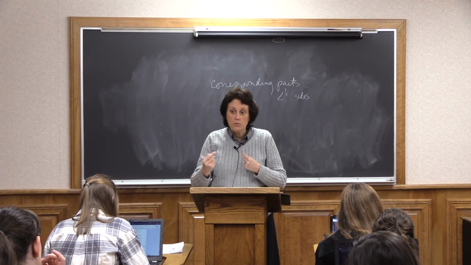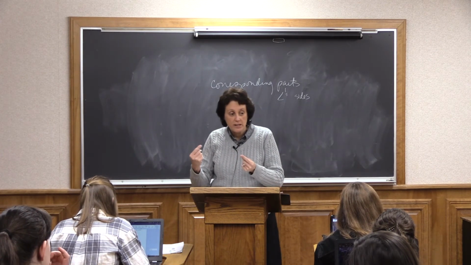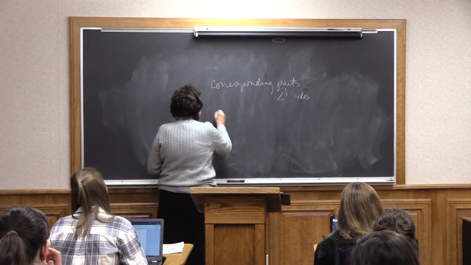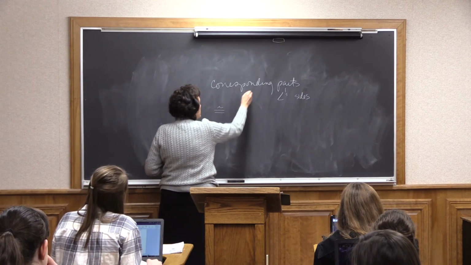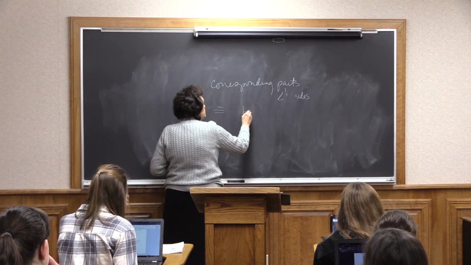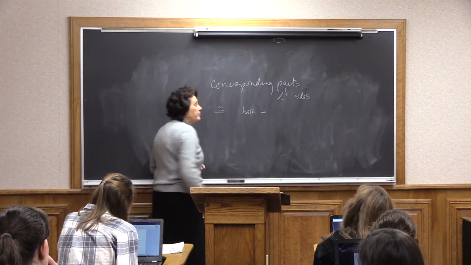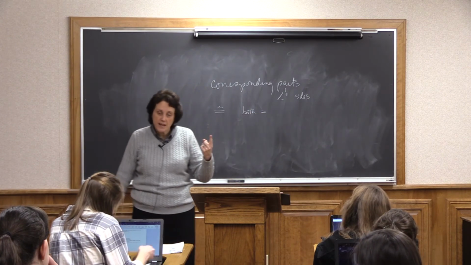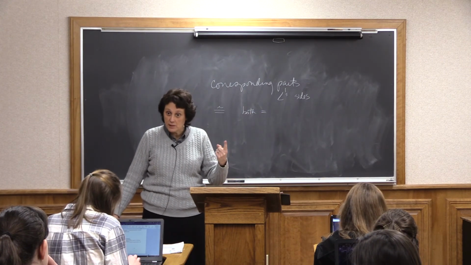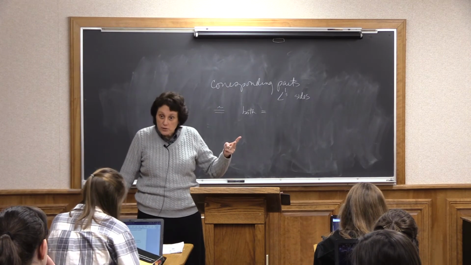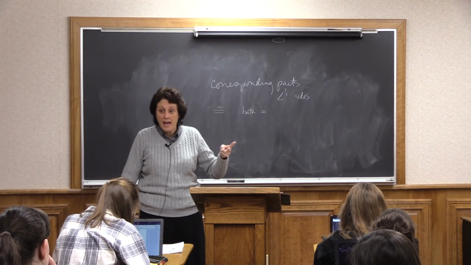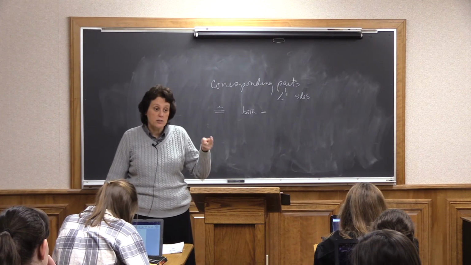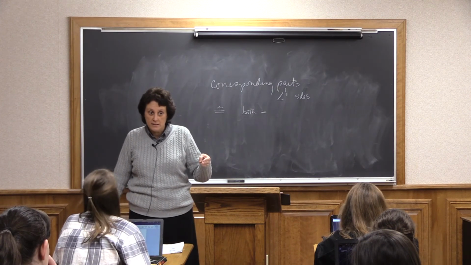Corresponding angles are equal, corresponding sides are equal. That's for congruent. Corresponding parts, both, are equal. They're the same size, so the corresponding sides have to be equal. They're the same shape, so the corresponding angles have to be equal. Key is the word corresponding.